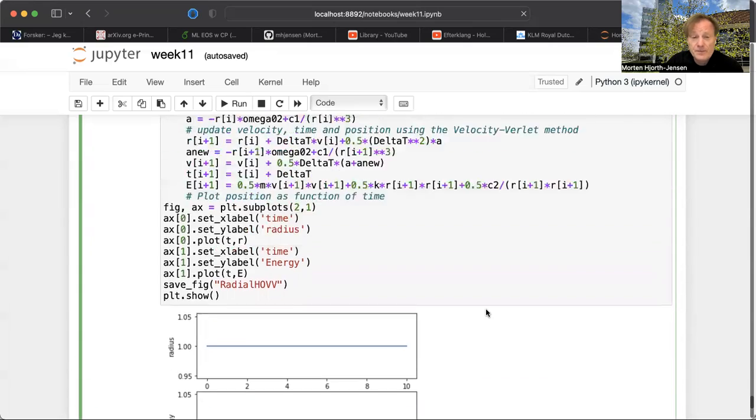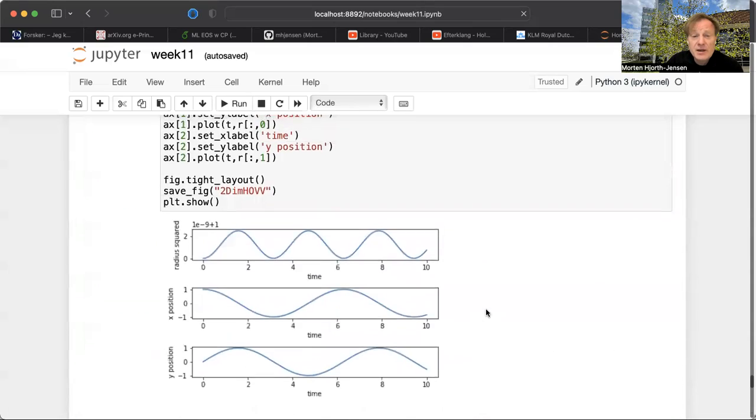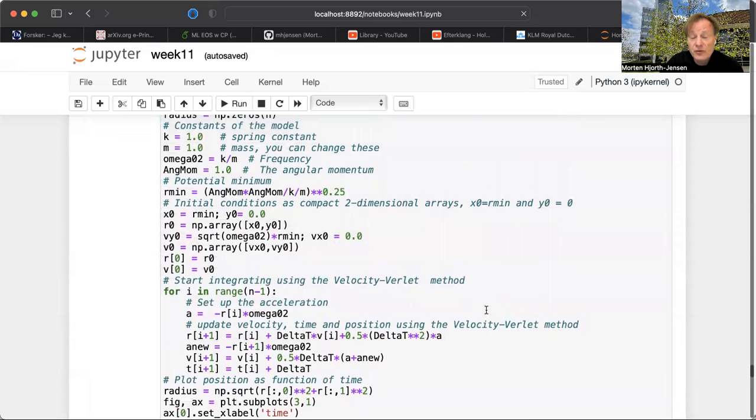But to repeat a little bit, we can run the problem as we did before in terms of Cartesian coordinates.